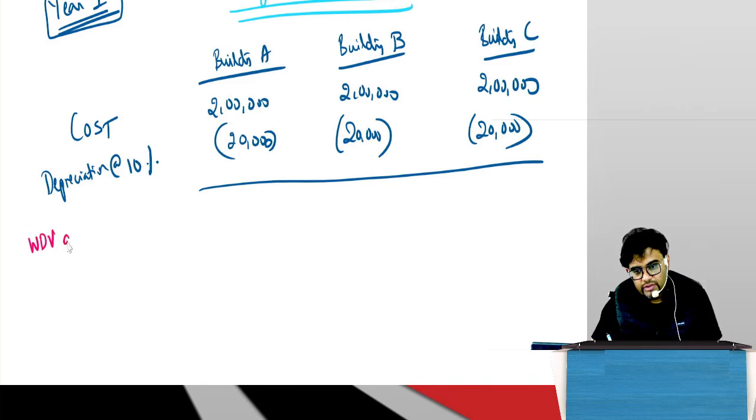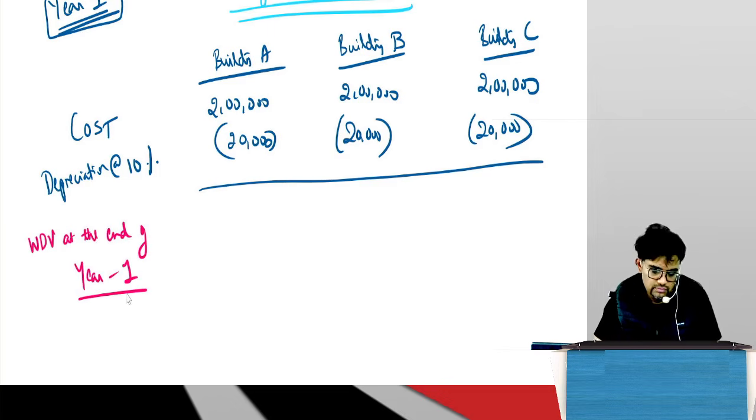Written down value at the end of year 1. How much? 1 lakh 80, 1 lakh 80, 1 lakh 80.